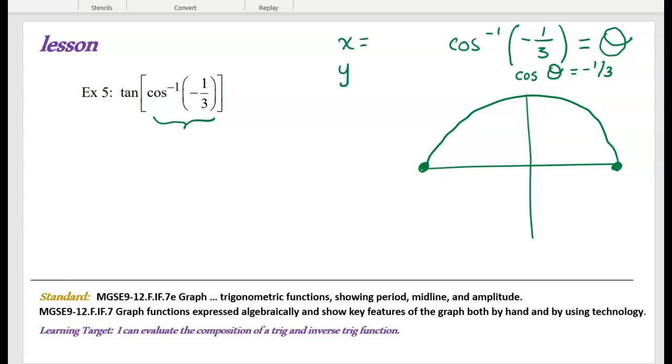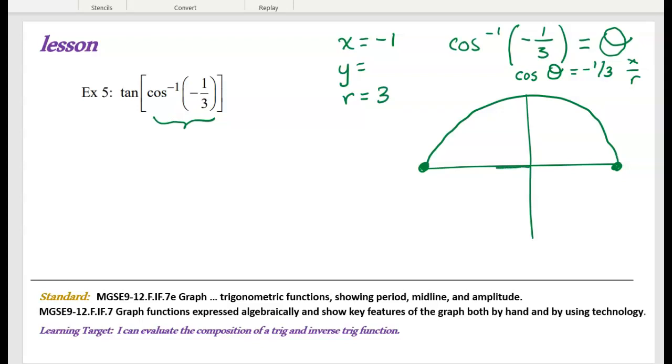X, Y, R. When I know cosine theta is -1/3, I know that the x-coordinate is -1. Remember, cosine of theta, by definition, is x over r. So x is -1, r is 3, similar to our last problem.